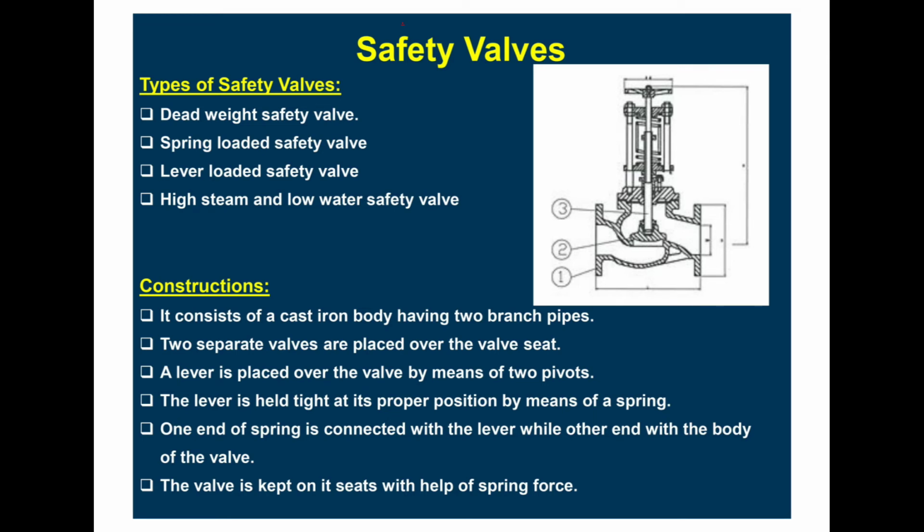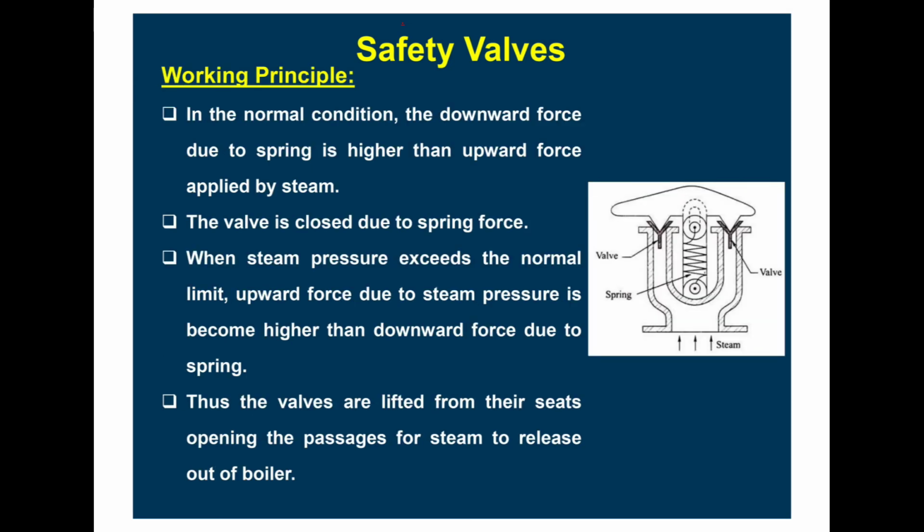These are the safety valve types and construction details. The types of safety valves are the dead weight safety valve, spring loaded safety valve, lever loaded safety valve, and high steam and low water safety valve. The safety valve working principle: in the normal condition, the downward force due to the spring is higher than the upward force applied by the steam.